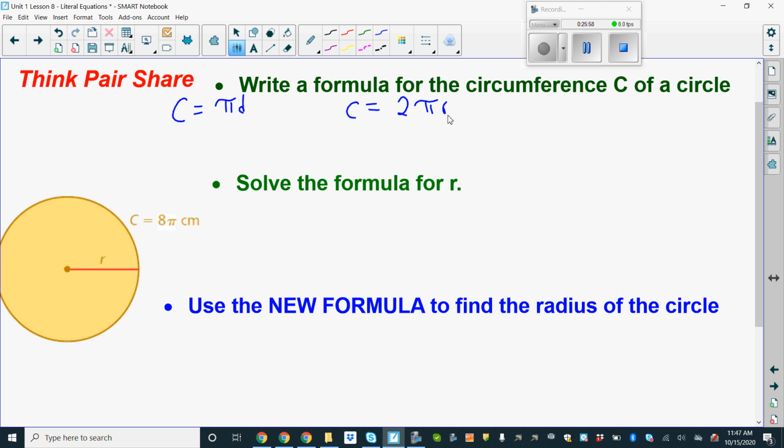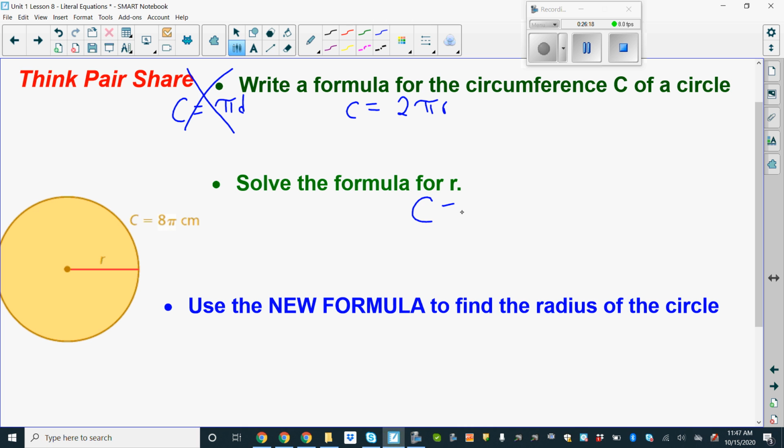So we need that variable r in our equation. We could have used pi times diameter, but that's not the variable we need. So when you are going to solve for an equation, make sure the variable you need is in it. So here we now have 2 pi r, and we're ready to solve for r.